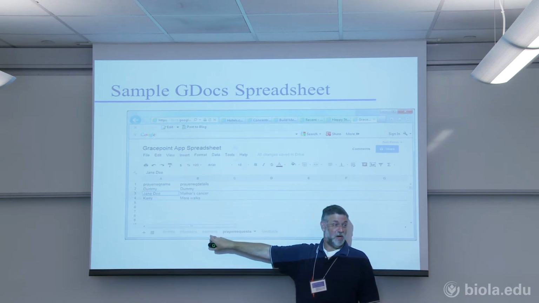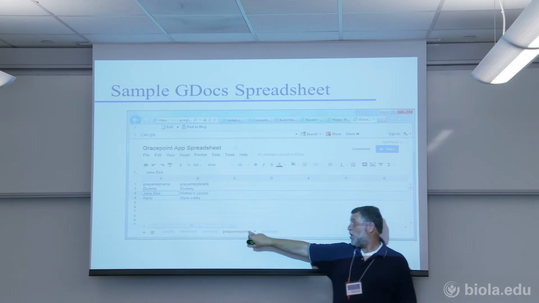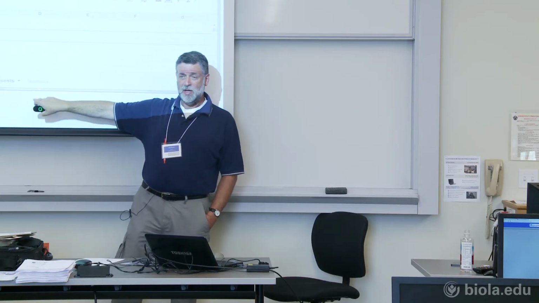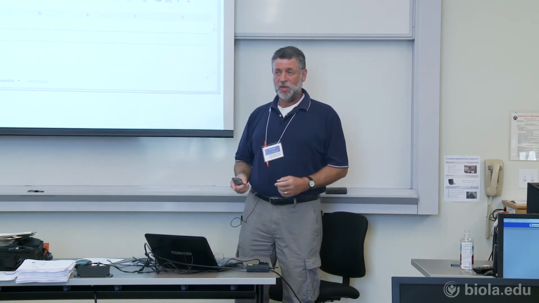Sermons, this is where the list of sermons will go. This is where the list of prayer requests will go. This is some programmatic information so that when the user makes an entry, I want to be able to check the entry and say, is it right? And then if it is, send you back some feedback that says, got it, thank you. Or if it's wrong, send you back a message that says, I'm sorry, please try again.